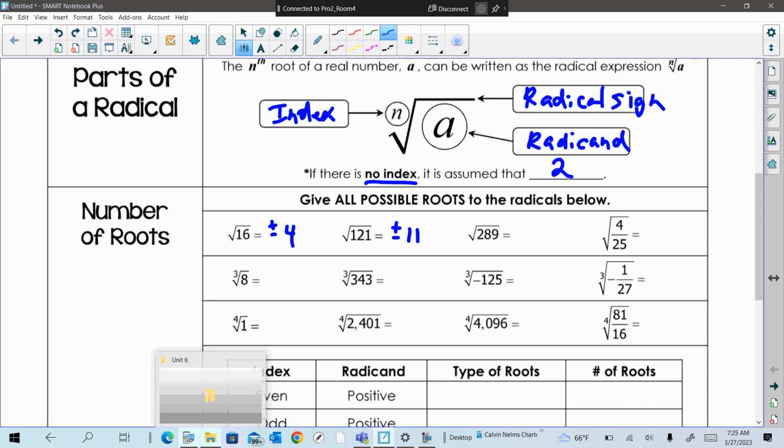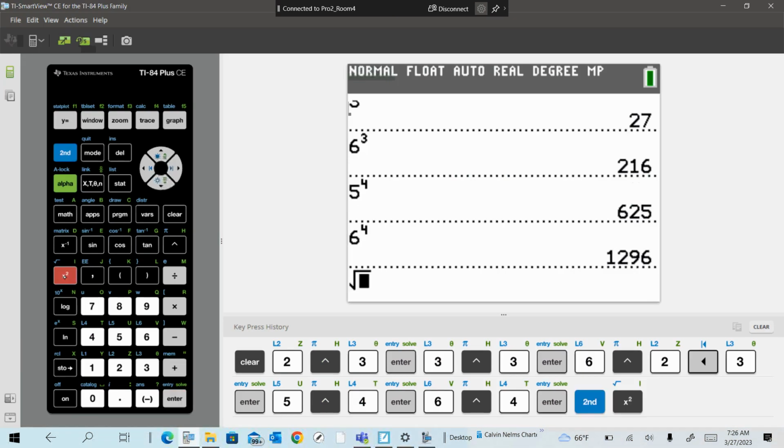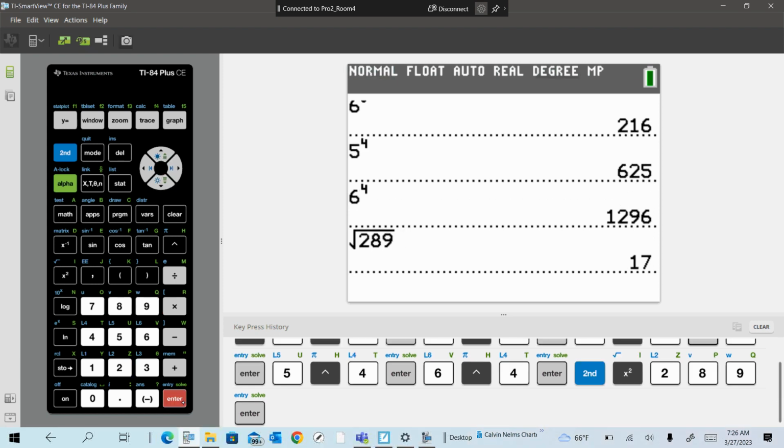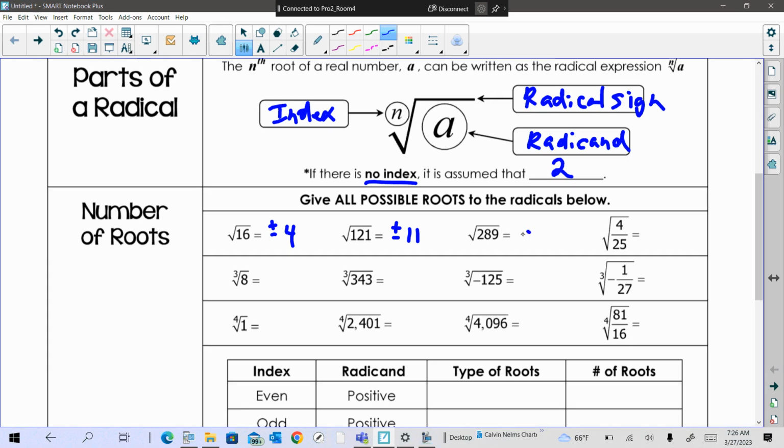If you're not sure, you could put it in the calculator, hit the blue second button, then the x squared button, and then type in the radicand, the number underneath, and we get our answer. Our first set here is going to come out nice. This one is plus or minus 17. This one comes out to be plus or minus 2/5.